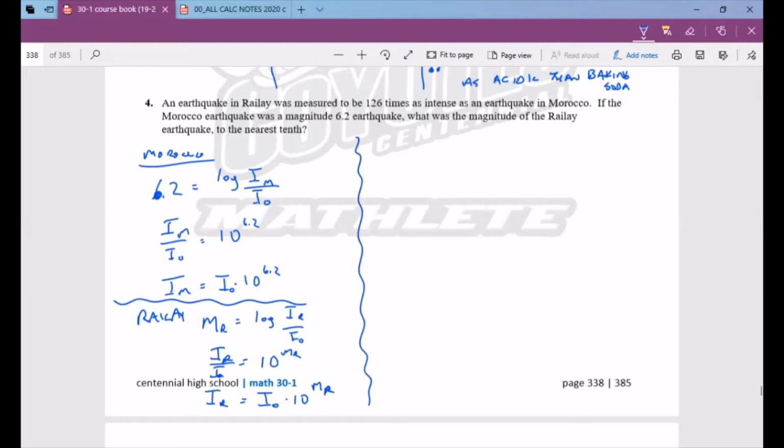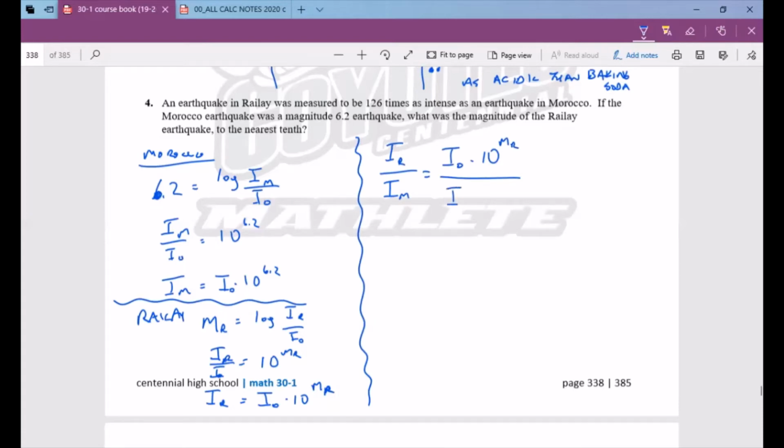And just like before, if I divide these out, now let's be careful. The Rayleigh is 126 times as intense as the earthquake in Morocco. Rayleigh is the larger earthquake, so we want the larger earthquake in the numerator. Rayleigh earthquake, IR was equal to I naught times 10 to its measurement.